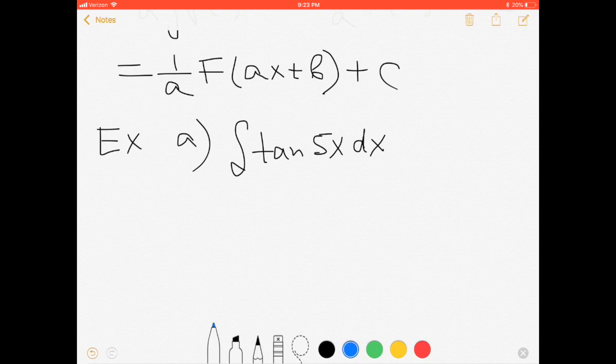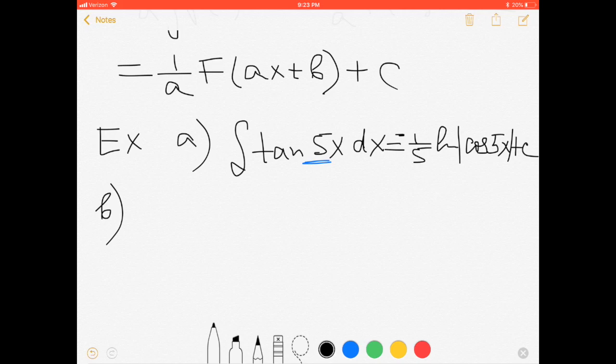Because we have coefficient 5 here, you have 1/5 natural log. Oh, sorry, I forgot about the minus. Minus goes in here: minus 1/5 natural log absolute value of cosine 5x plus c.